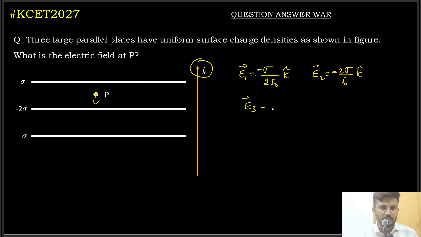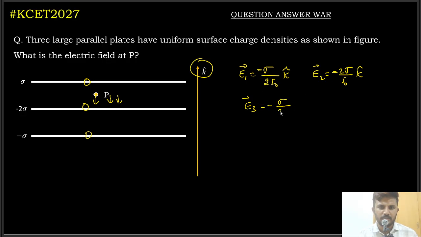E3 is again downwards, E1 is also downwards, E2 is also downwards, because electric field is away from the positive charge and towards the negative charge. Due to the negative charges, the electric field will be downwards only. Positive charge downwards because it is away. So you have to add all this.